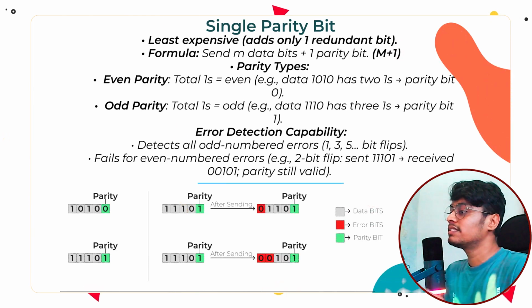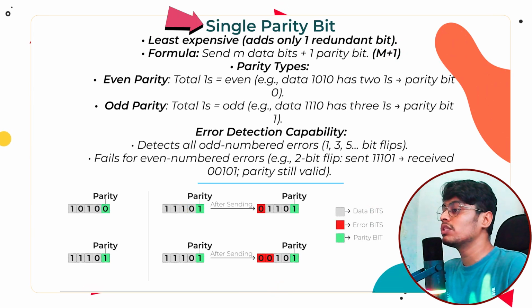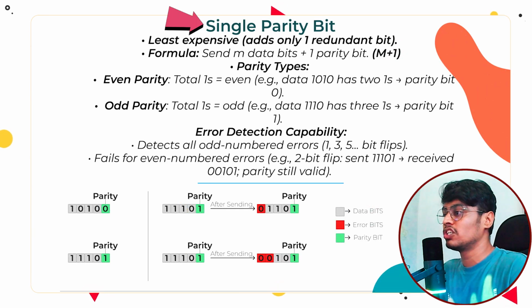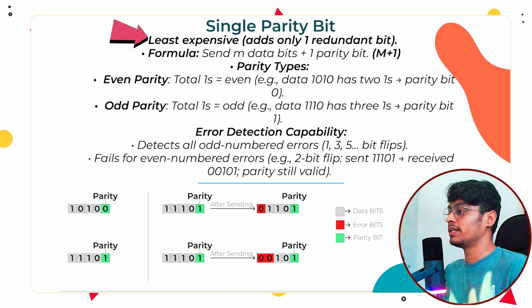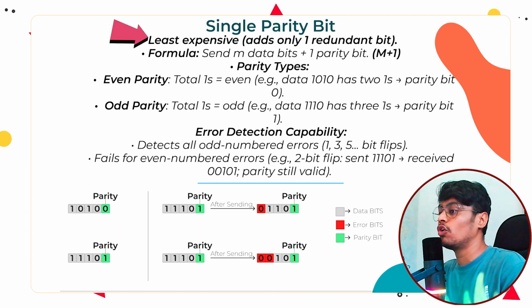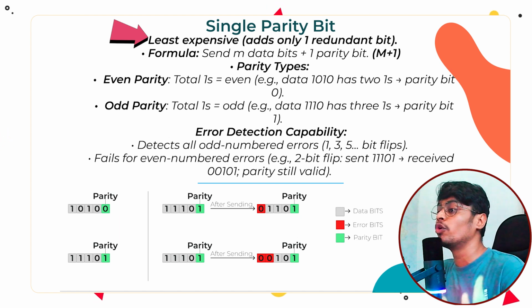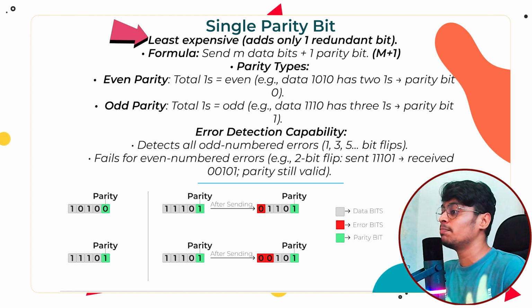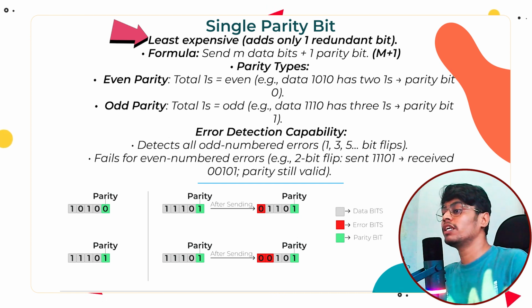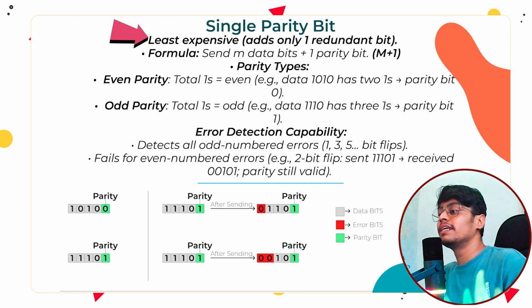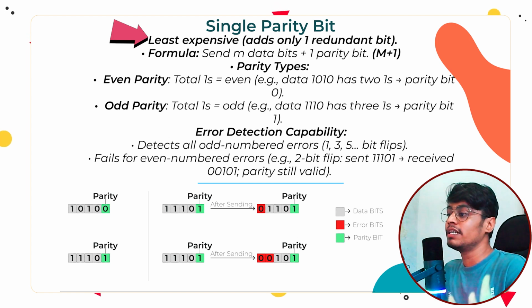Now the first is the single parity bit. We use the single parity bit method for error detection, and although this is a simple method, we call it the least expensive method. Cost here is not about money; if we want to send more data, we want to send fewer redundant bits, for applications which say that they can bear a little bit of error. Why is single parity least expensive?